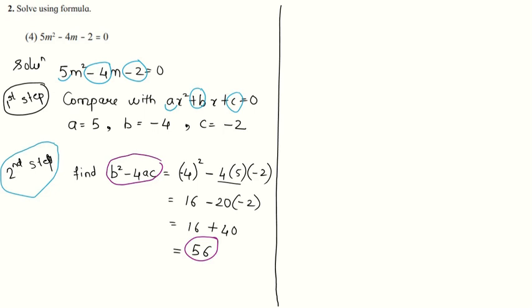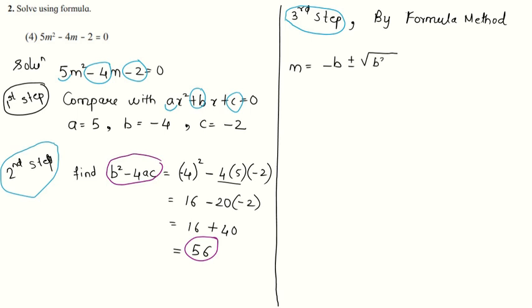Okay, now third step is find value of x using formula method. By formula method, we will find value of m here. Okay, m is equal to minus b plus or minus square root of b square minus 4ac upon 2a is equal to, what is b? b is minus 4.